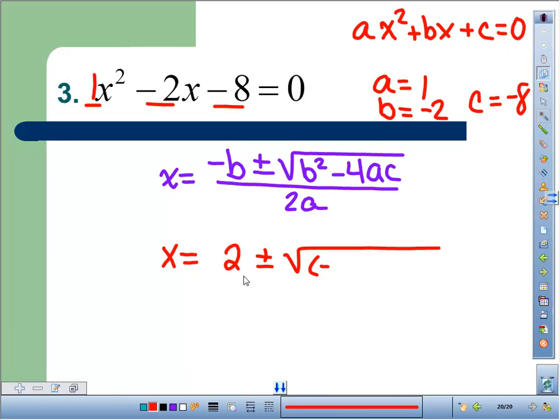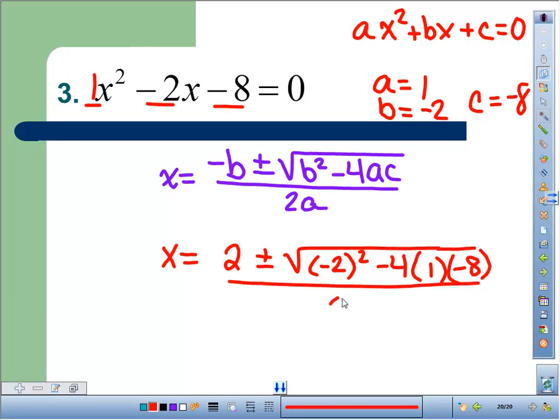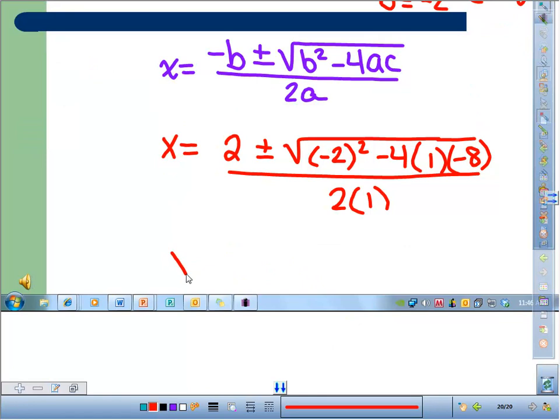So we've got 2 plus or minus the square root of b squared, which is negative 2 squared, minus 4 times a, which is 1, times c, which is negative 8, all over 2 times a, which is 1. You're going to be able to do some of this in your head. I always do the squared term in my head.